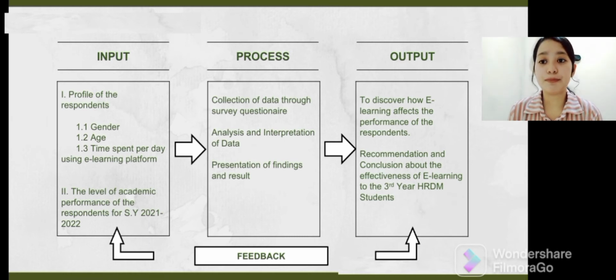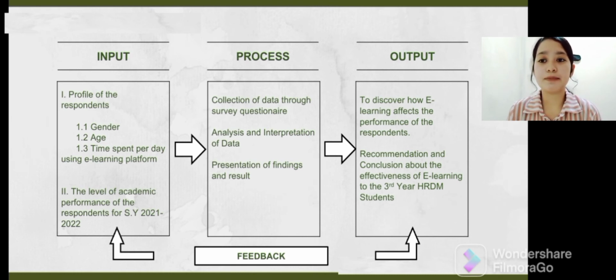So the input box includes first the student respondents' demographic profiles such as age, gender, and time spent per day using the e-learning platform. Second, the level of academic performance of the respondents for the school year 2021 to 2022.